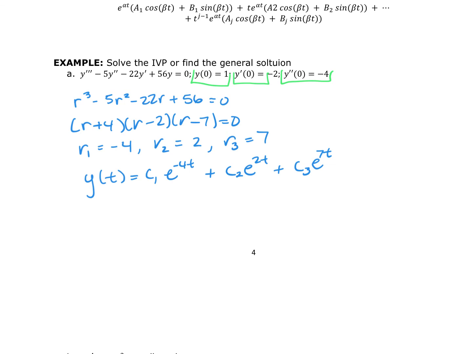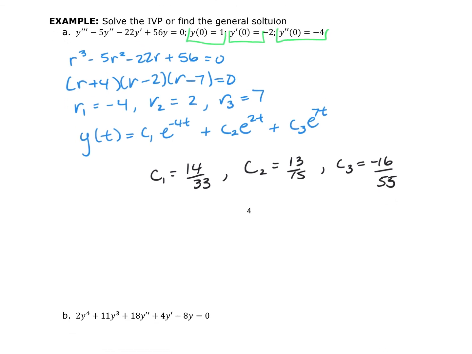And I'm going to do it just like I did before. I'm going to use my initial condition, my first derivative, and my second derivative. By doing that, I get c sub 1 is equal to 14 over 33, c sub 2 to be 13 over 15, and c sub 3 to be negative 16 over 55.